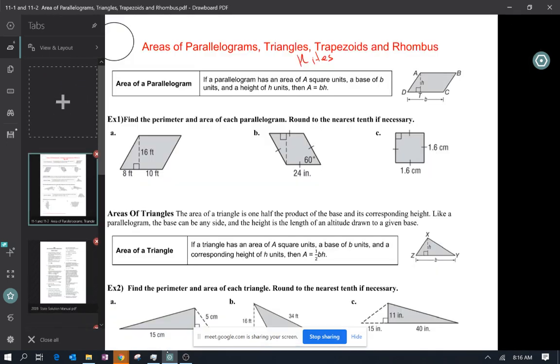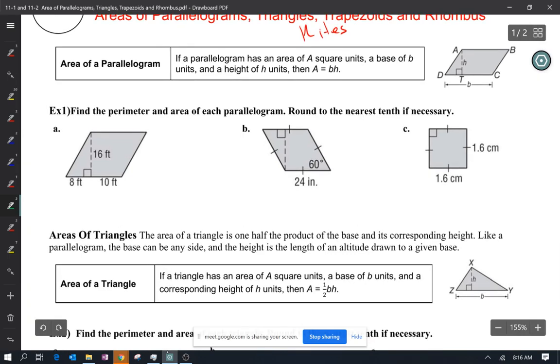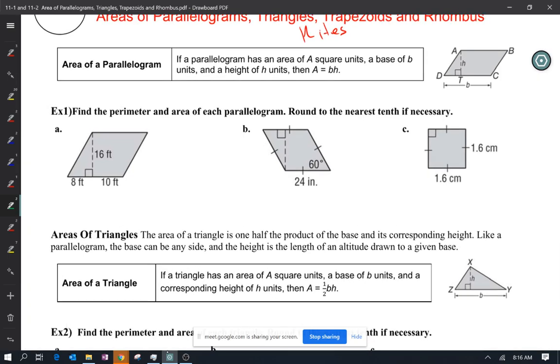All right, so the next one, well, let's just do these three examples real quick first, and then we'll go to the next section. All right, we're going to find perimeters and areas of these three parallelograms. We're actually just going to do the first two. Let's do the area first. So area is going to be base times height, right? Well, the base is this distance right here, so 18.